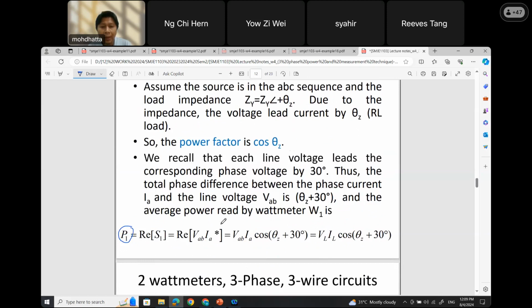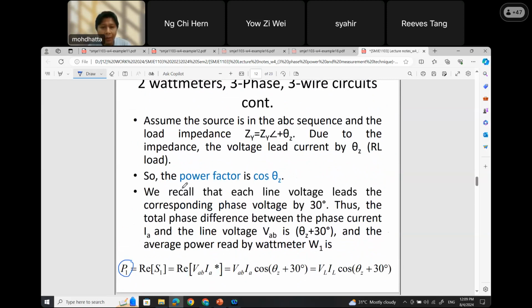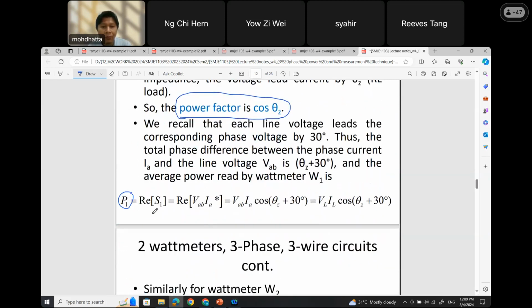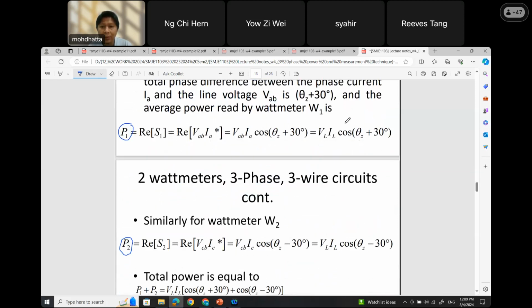Right. I don't want to get into the details of what is in the text over here. What I'll try to highlight is that the power vector, you must remember, is coming from theta Z, and from the calculation and so on. If you read through this, you can see that in the end, the P1 value can also be calculated using this formula.